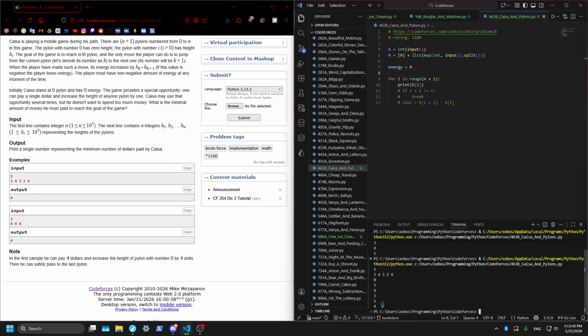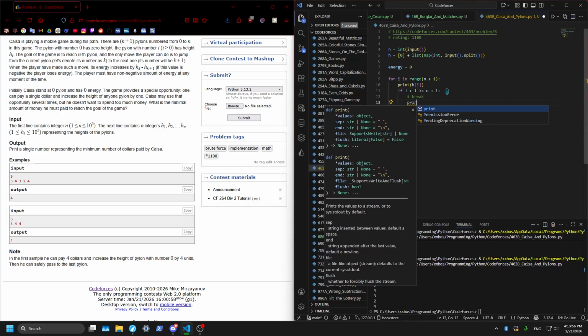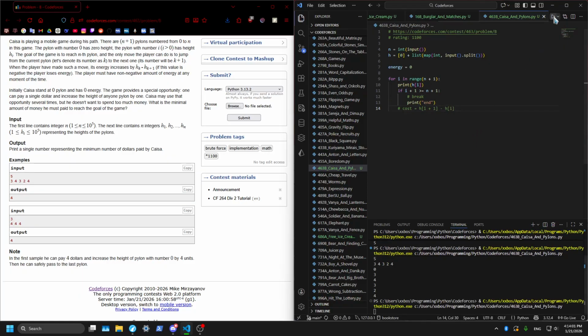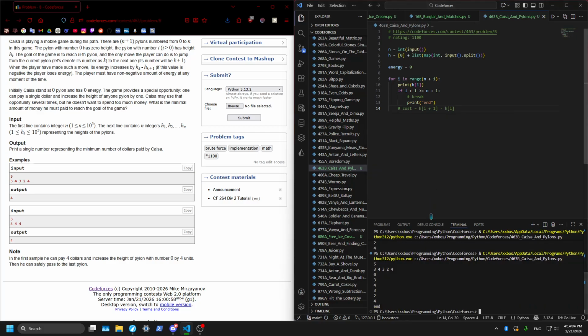Oh, just checking my looping indices. Okay, this should work. We should break. Else we calculate this cost variable.